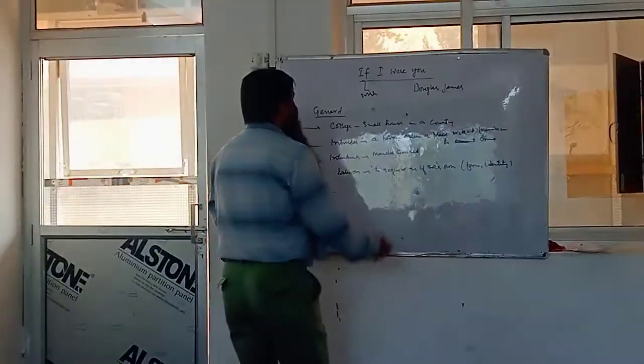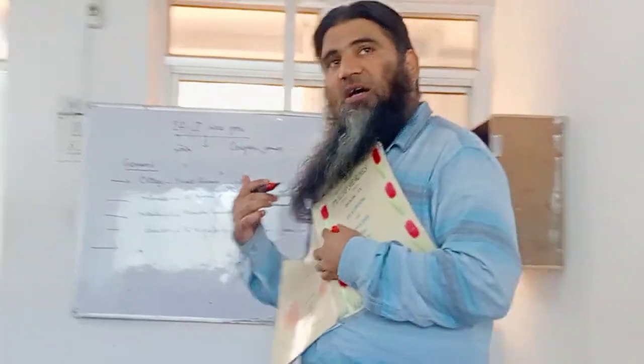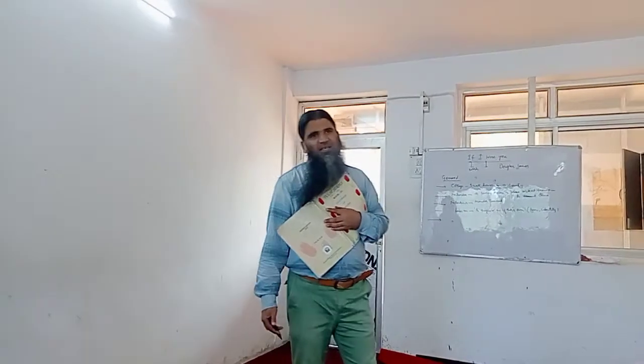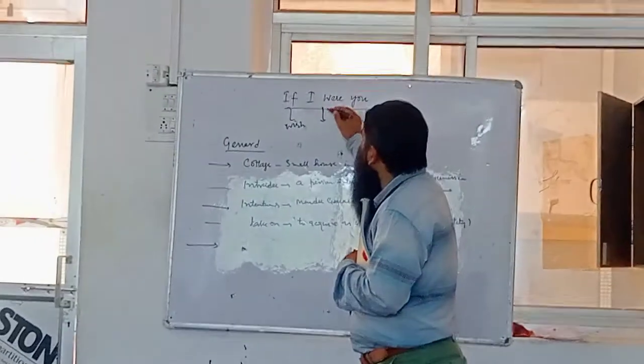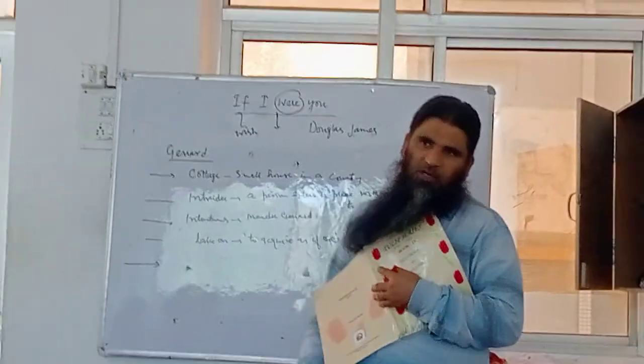Dear students, here we have a grammatical point. When we write I, with I we use either am or was. This is known as agreement of the subject with the verb. But here, with I, in the title we have "I were".